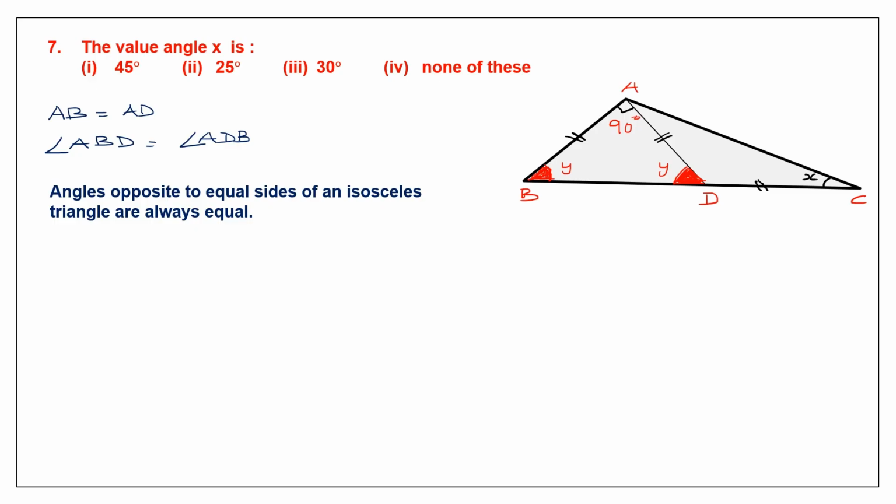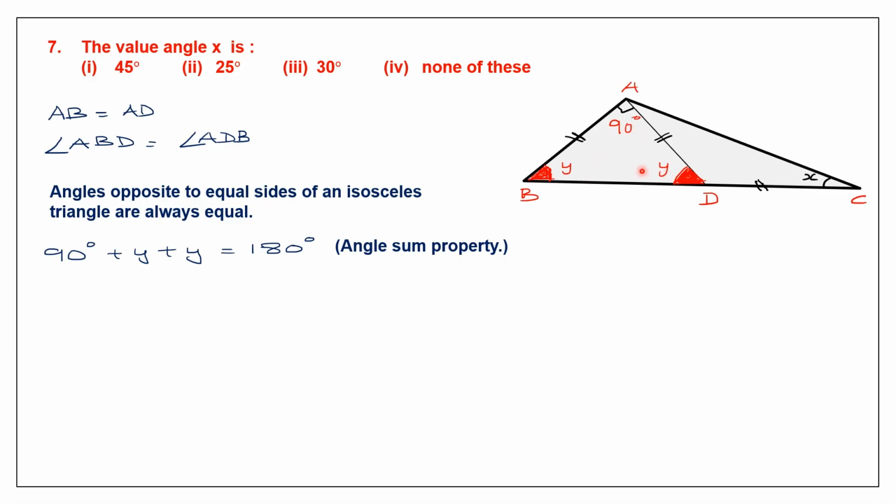Now we can use the property that angles of a triangle sum to 180 degrees. So 90 degrees plus 2y is equal to 180 degrees, because of the angle sum property. What does the angle sum property mean?